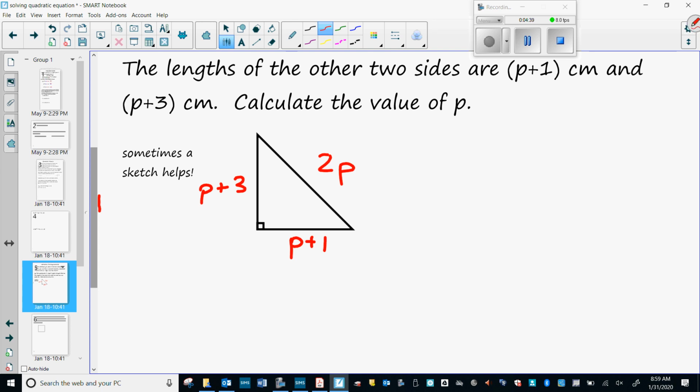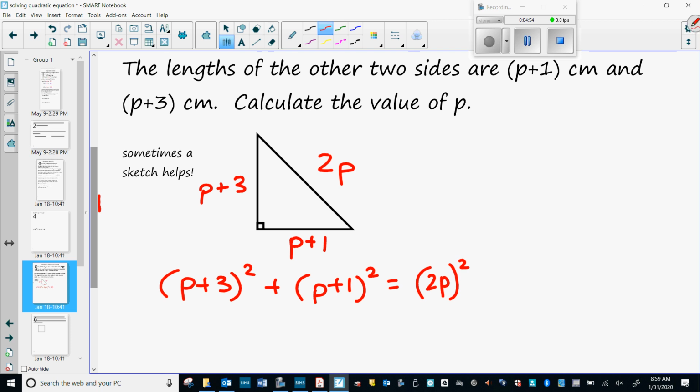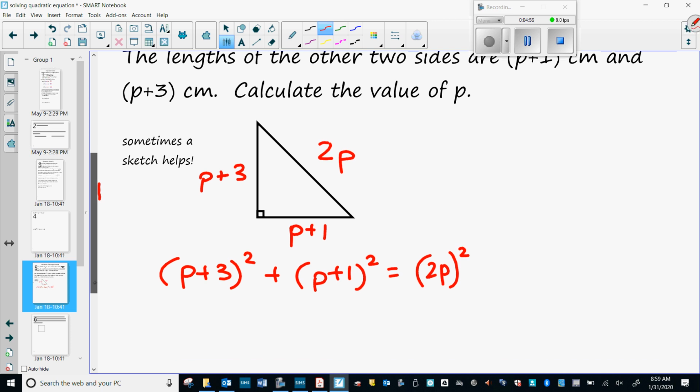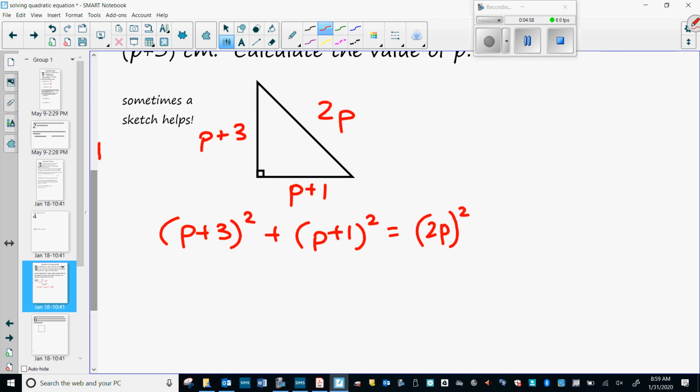p plus 1 squared plus p plus 3 squared equals 2p squared. Yes, 2p squared. Now, I put brackets around everything. You were very good at telling me my brackets for this one, not so good for this one.